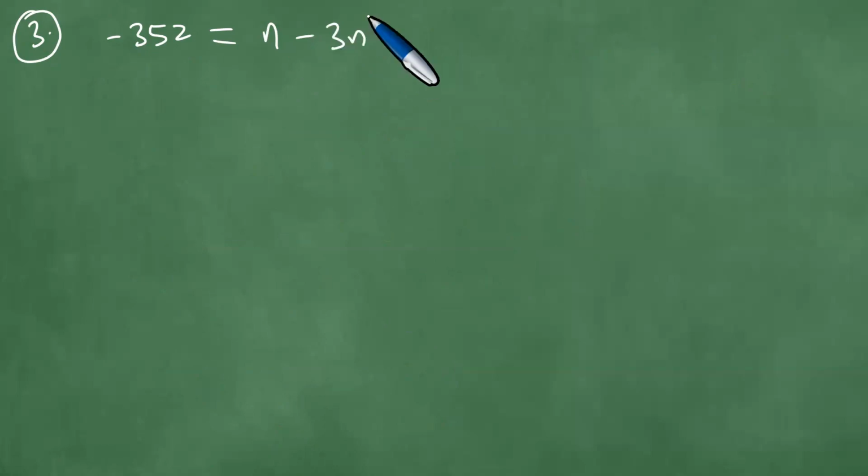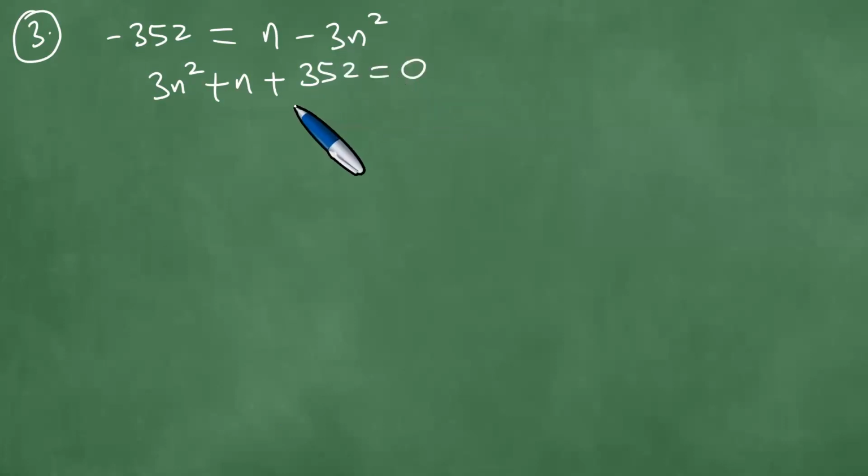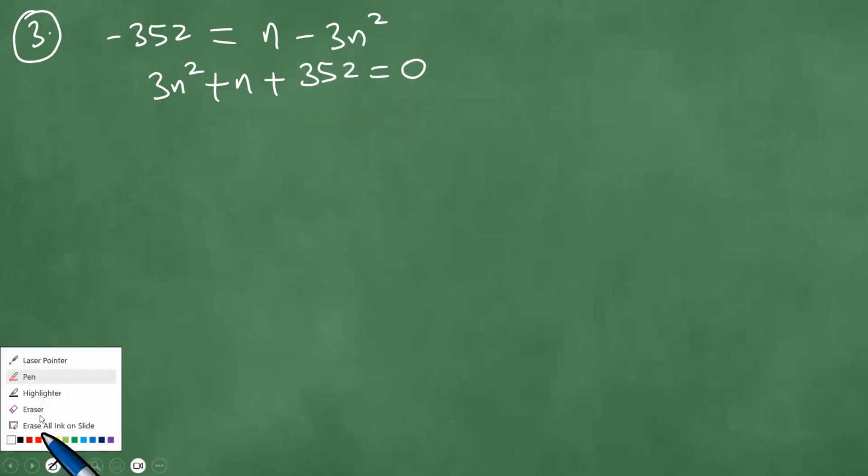N minus 3n squared. Transposing the n squared, which means we have 3n squared plus n plus 352 equals 0. Okay, so we have this.